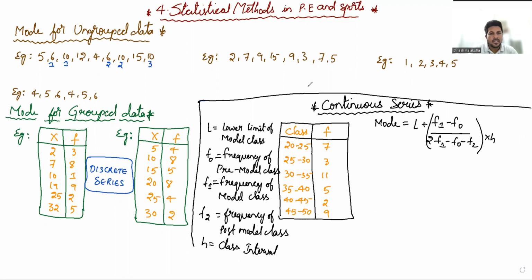So 10 is repeating 3 times. So very simple, the mode of this given data is equal to 10.